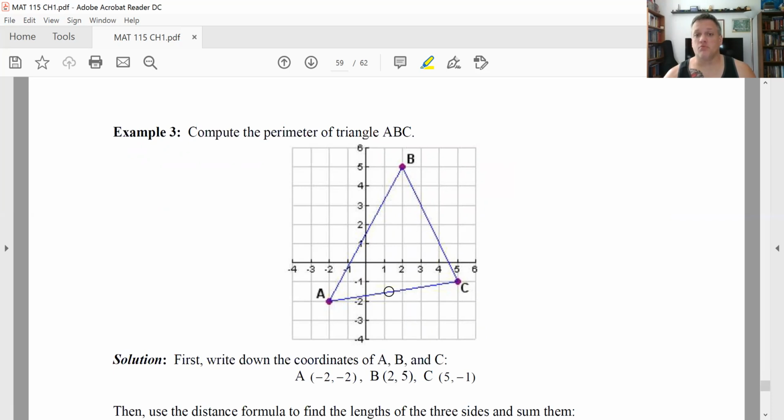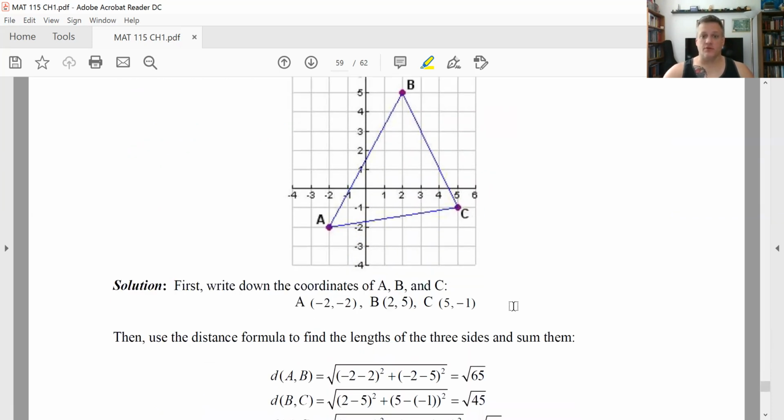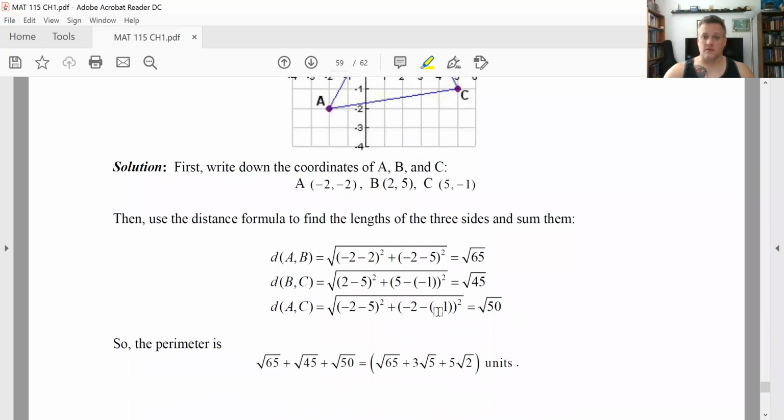To find the perimeter of a triangle, all you have to do is find the length of each of those 3 sides. The minute you have the coordinates of those 3 points, you can use the distance formula to find the lengths of each of those segments and then add them up to find the perimeter. Okay, so I'll let you read through that, but this is the calculations behind doing that.